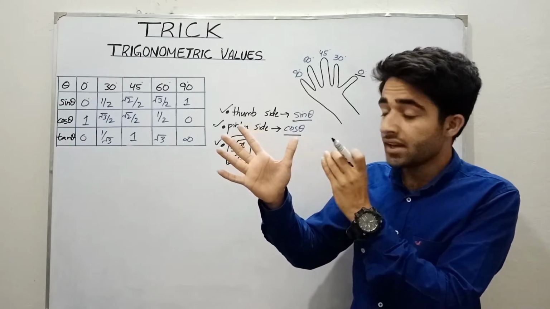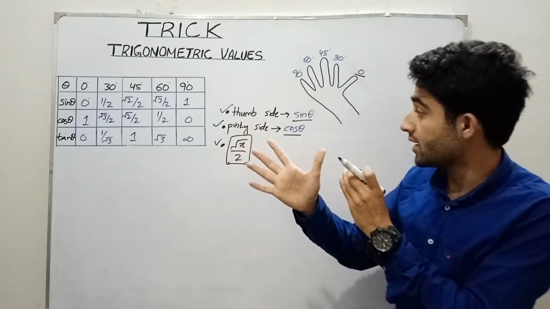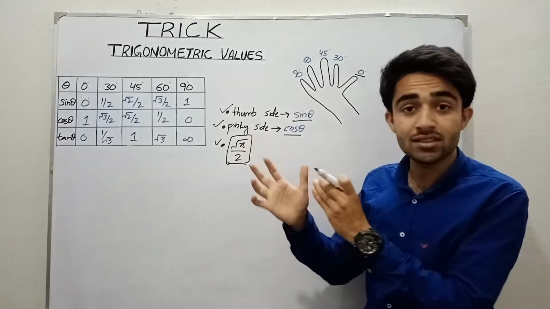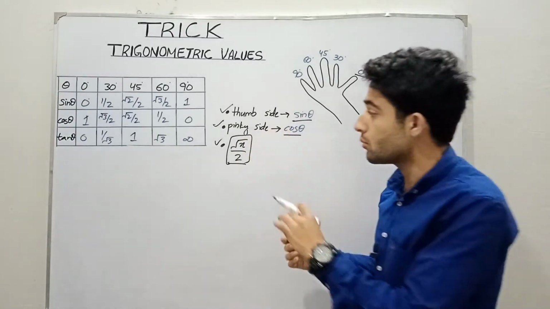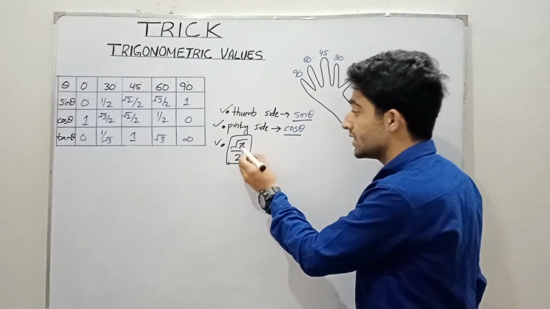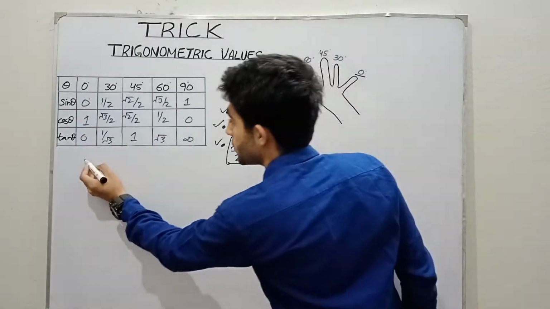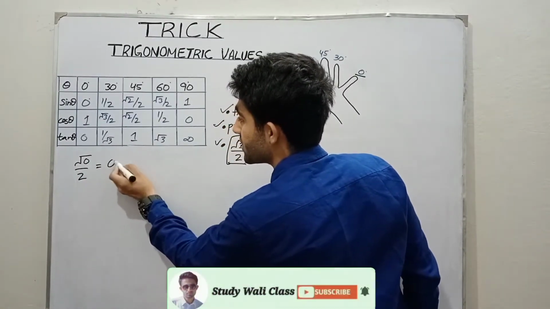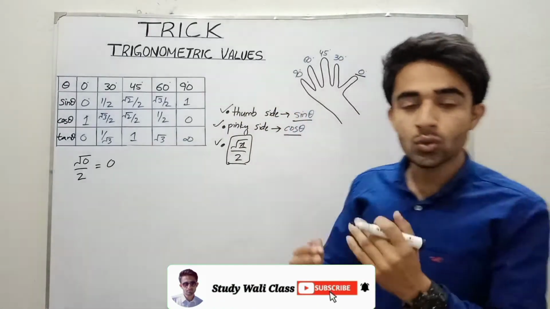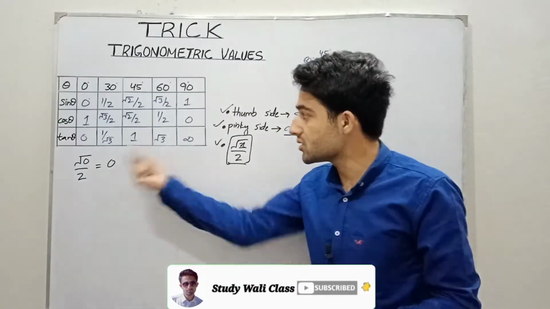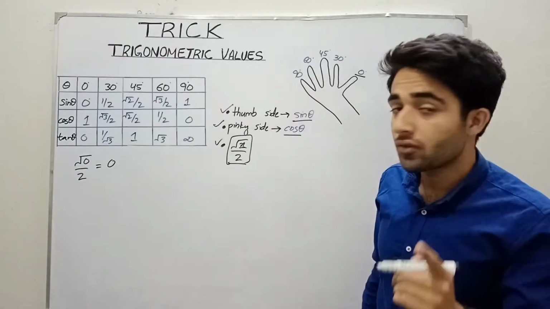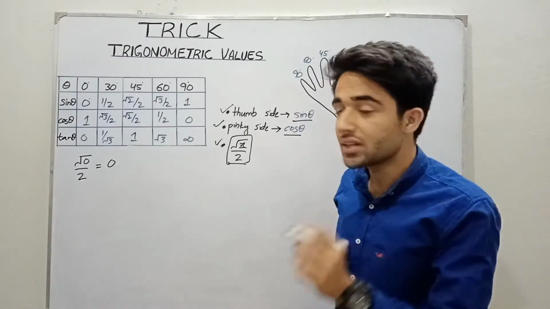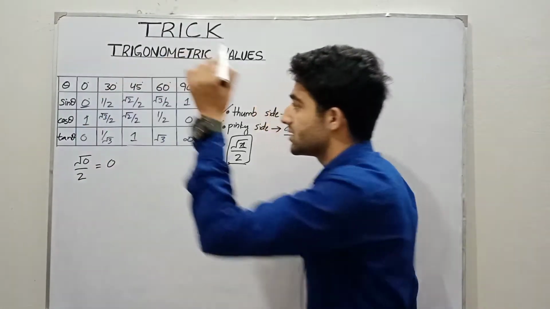It means that it is 0, so the value of x is also 0. By putting 0 in x, root 0 over 2 gives 0, because dividing 0 by any number gives 0. That's why the value of sine theta at the angle 0 degree is 0.